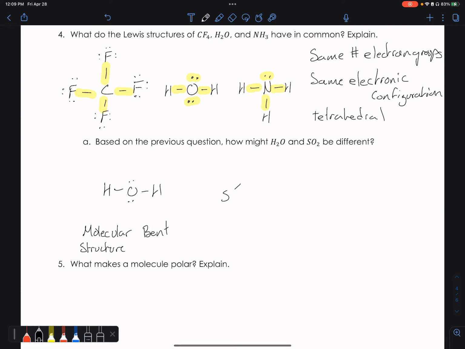But for SO2, if we draw out this Lewis structure, S in the middle, it's also bent, but it's a little bit different. So the electronic structure is different, because here again, this is 4 electron groups. Electron groups. This is only 3 electron groups.